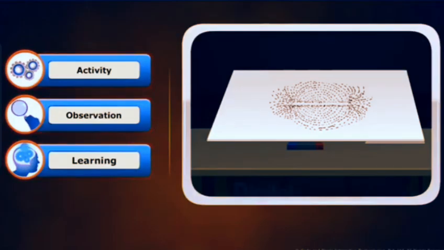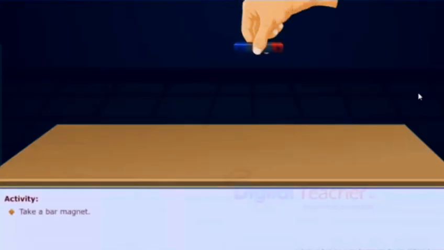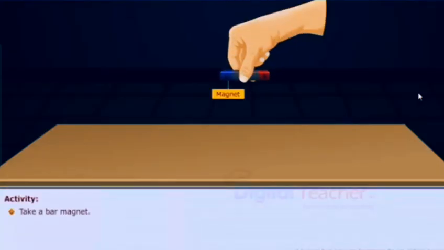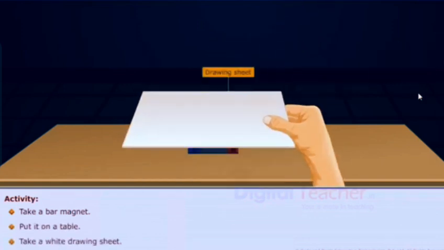Now, let us perform an activity to visualize the magnetic field. Click each tab to know more. Take a bar magnet. Put it on a table. Take a white drawing sheet.